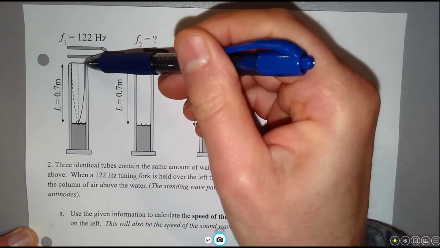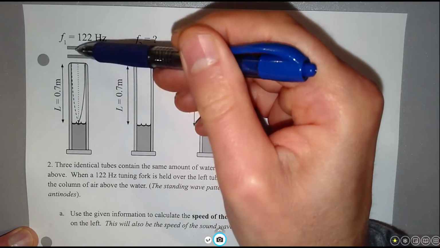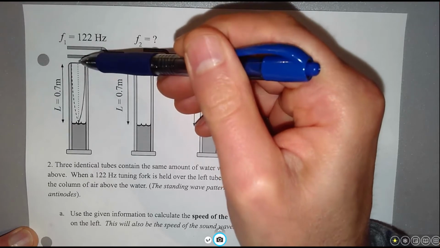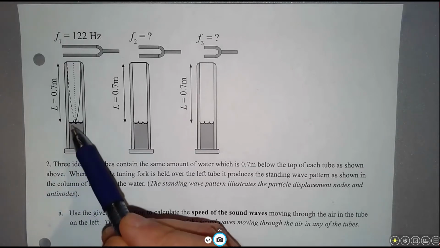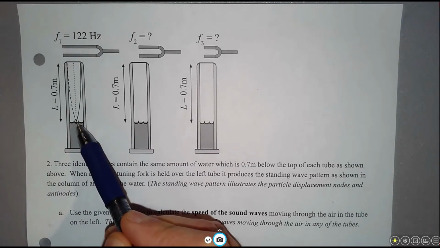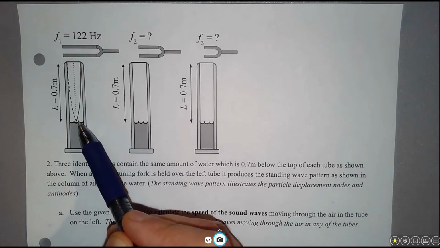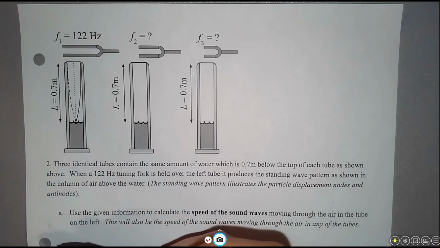Displacement antinodes at the open end would be where the air is shaking back and forth the farthest from its equilibrium position. Or instead, we could graph what's happening to the pressure at each position. Here, where the fixed end is, the air can't move from equilibrium, so there's a displacement node. But the air gets compressed the most and stretched out the most at that location, so that's a pressure antinode, where the pressure is varying the most from the equilibrium pressure if there was no sound wave moving through there.